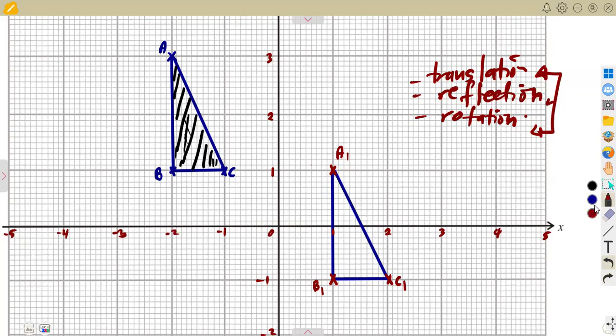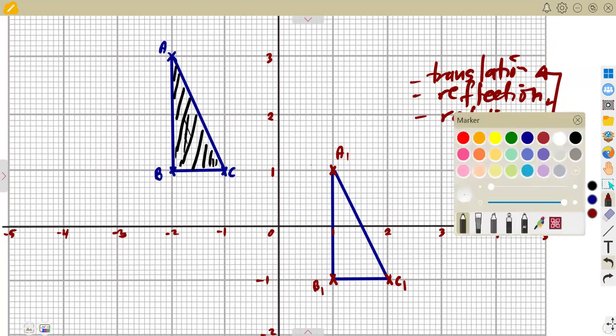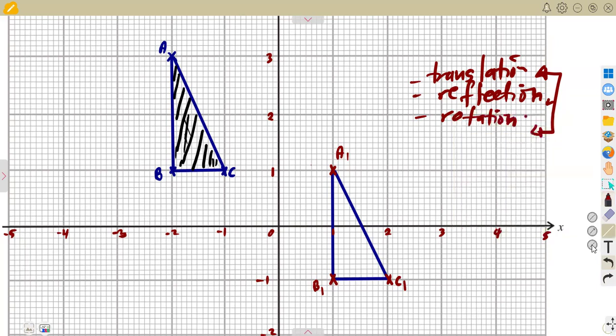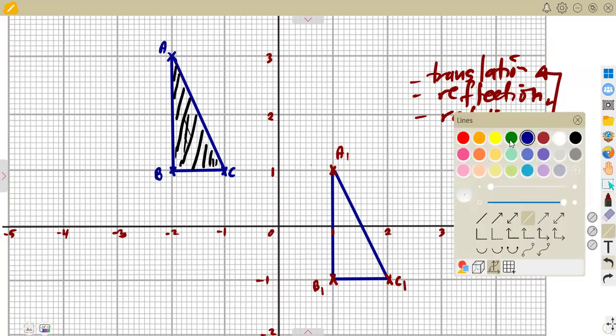How do you finalize? This is where you join the corresponding points, so you need your ruler there. If I try to use my ruler here, it's going to affect me, so I'm just going to use this one, but as a broken line. That is where you join the corresponding points. All right. So I'm going to do it like this.